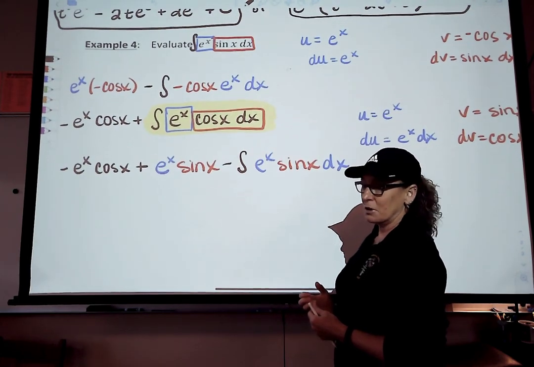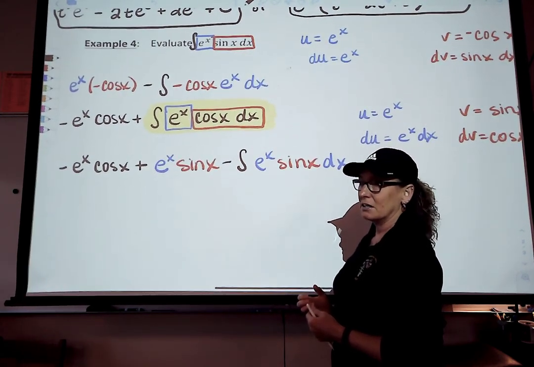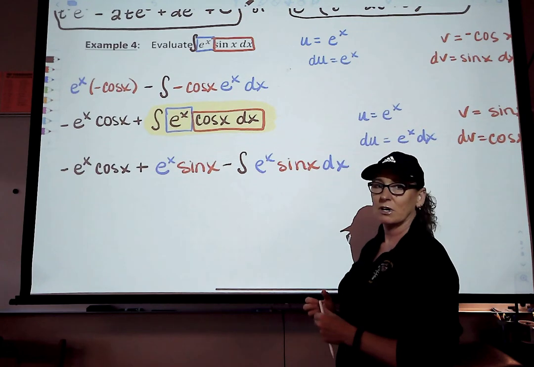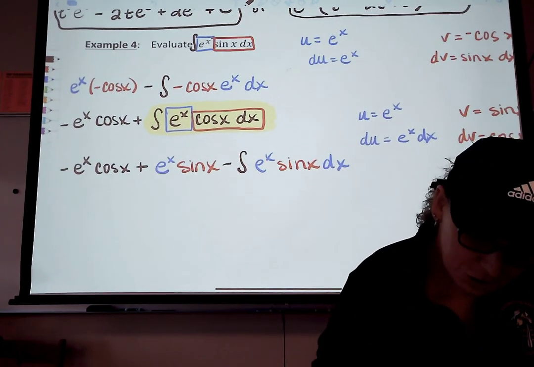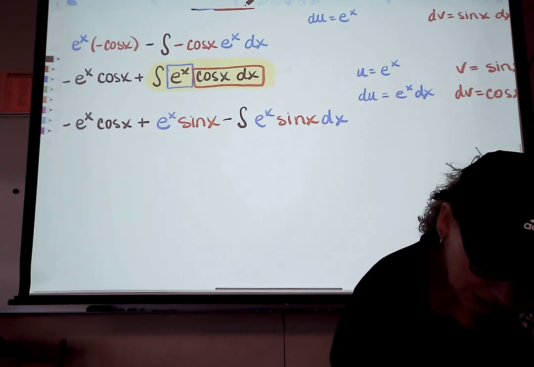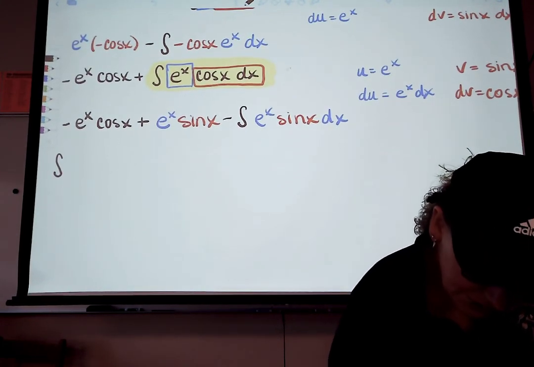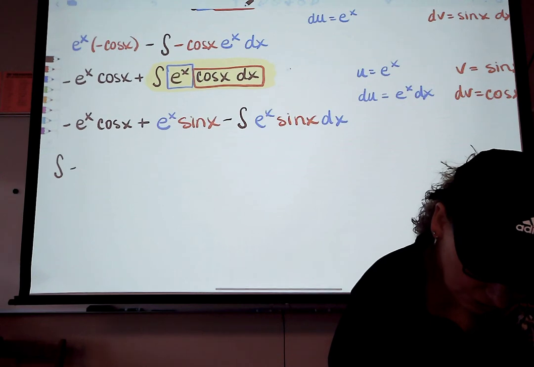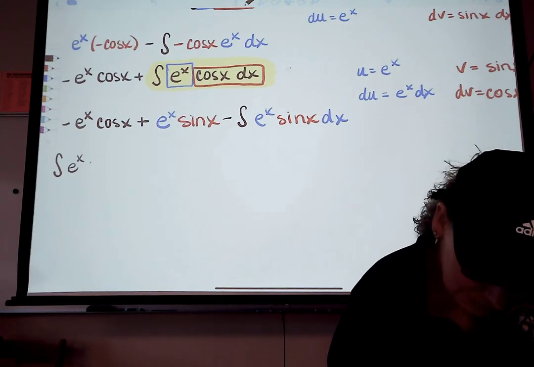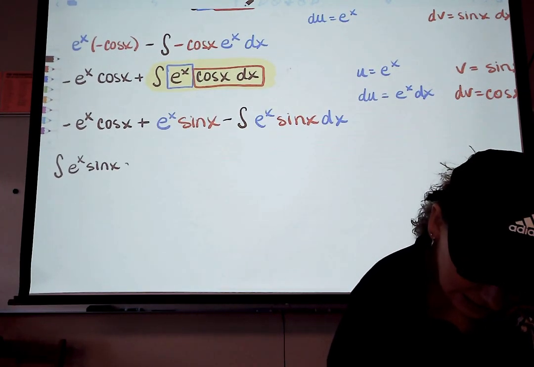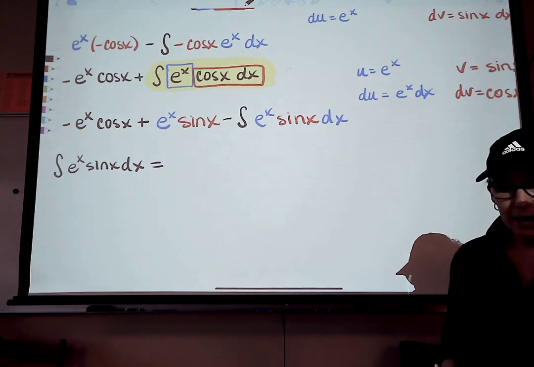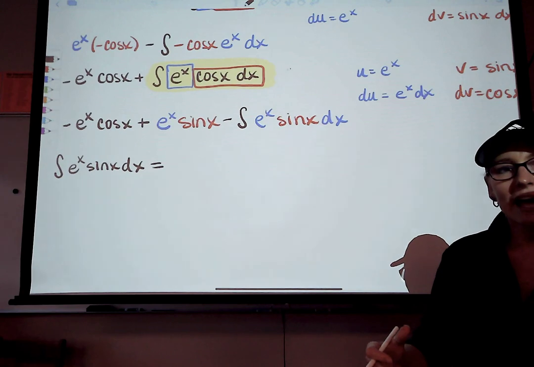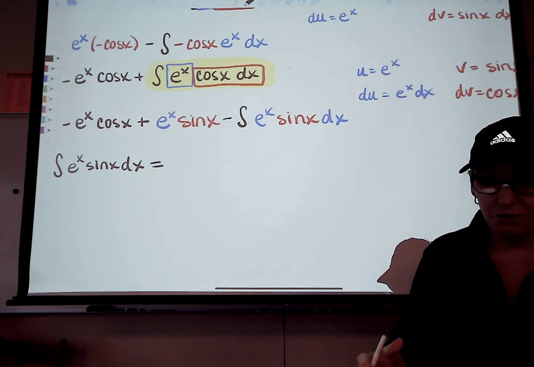Which, to most of you, you might be thinking, oh crap, we're right back to where I started. But think about this. Here's the original problem. The original problem is the integral of e to the x times sine x dx. Now, what have I gotten as an answer to that so far?